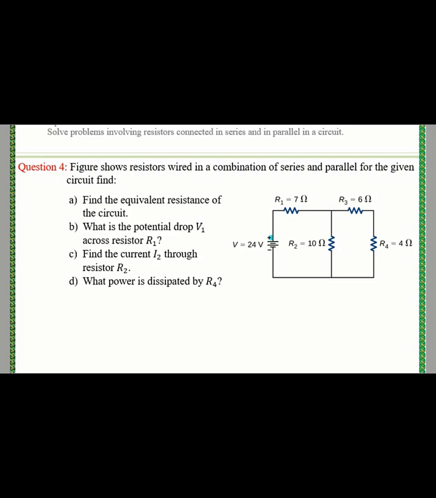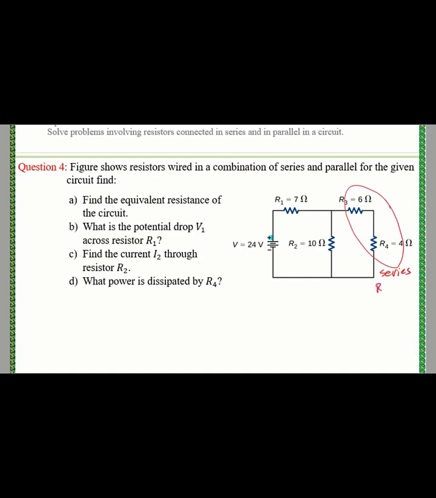But if you go to R3 and R4, you notice that they are in series because there is no branching between them. So first of all, here we have a series.